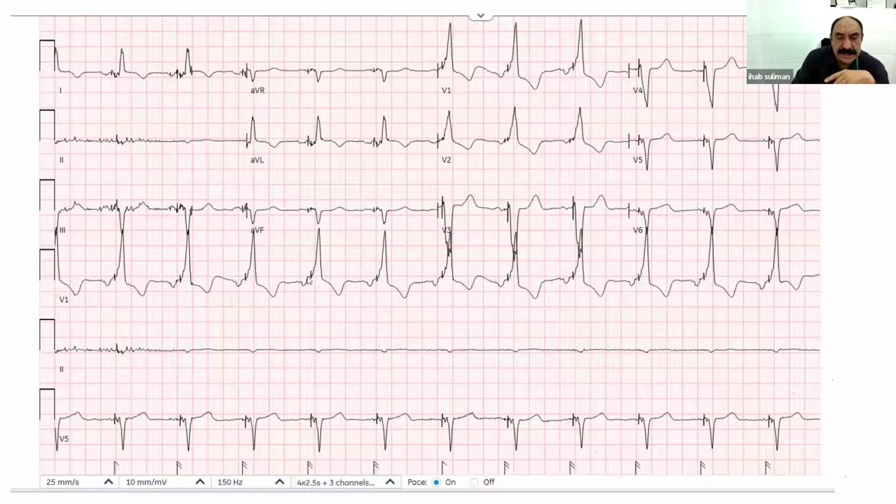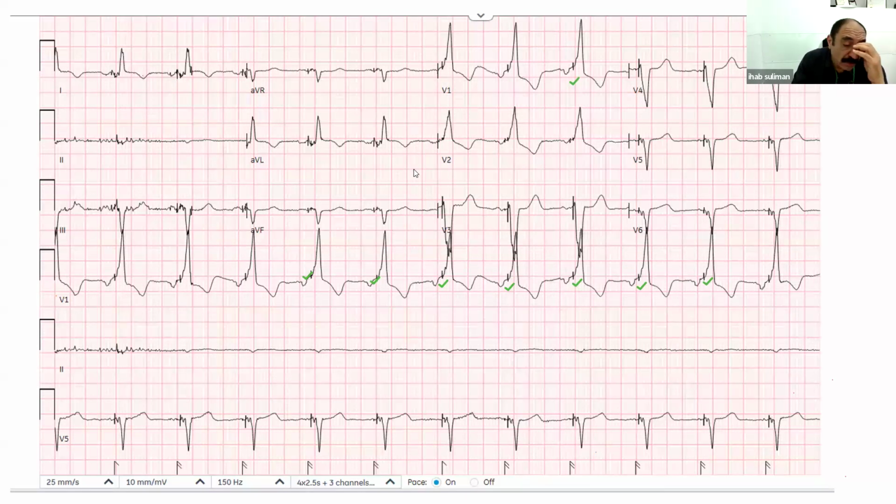Anyhow, you can see that there is a base rhythm, and the base rhythm here appears to be like a delta wave. That is why I can understand why one of you has decided to label it as WPW syndrome.